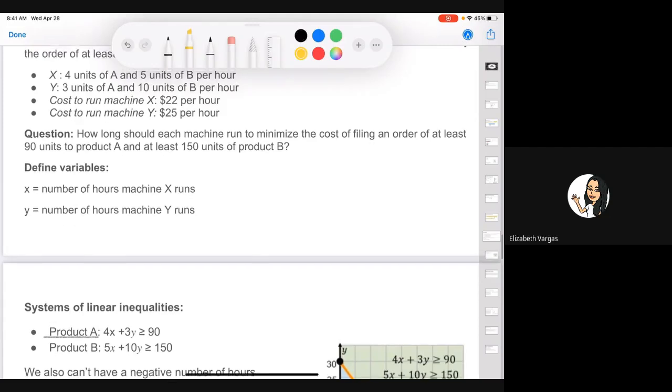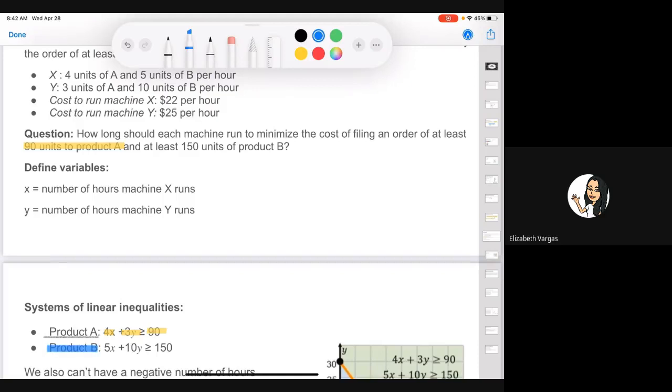It says I want 90 units of product A, so at least 90 units. And it tells me that machine X produces 4 units of product A, and machine Y produces 3 units of product A. So that's how I get that constraint.